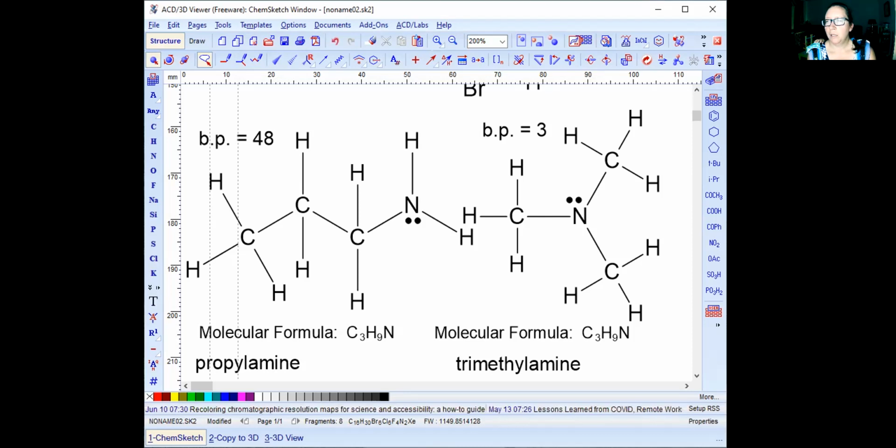If you have molecules that contain H bonded to N, H bonded to O, or H bonded to F, then those molecules are able to undergo hydrogen bonding. And actually, we do have an example of that in our propylamine. We have two NH bonds, and those would be able to undergo hydrogen bonding.